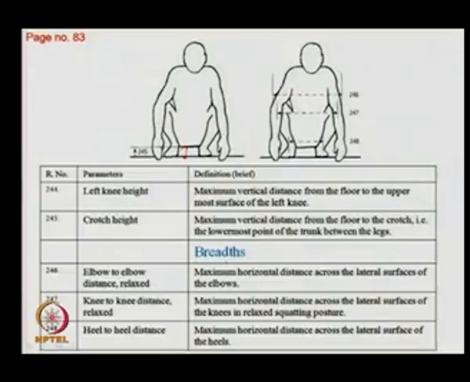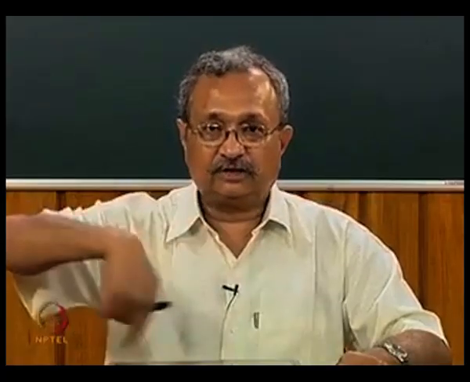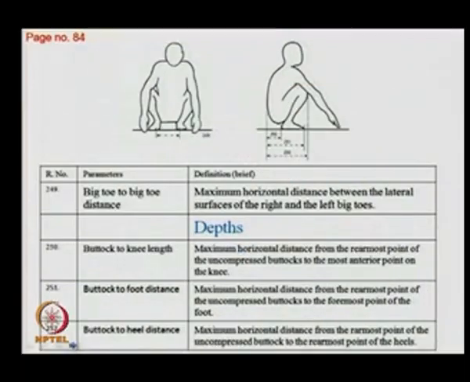Then breadths: elbow to elbow distance in a relaxed position, outer knee to outer knee distance, and then heel to heel distance are necessary, and these specific posture dimensions are required when we make Indian style toilets. There these dimensions are necessary to make the total pan dimensions.